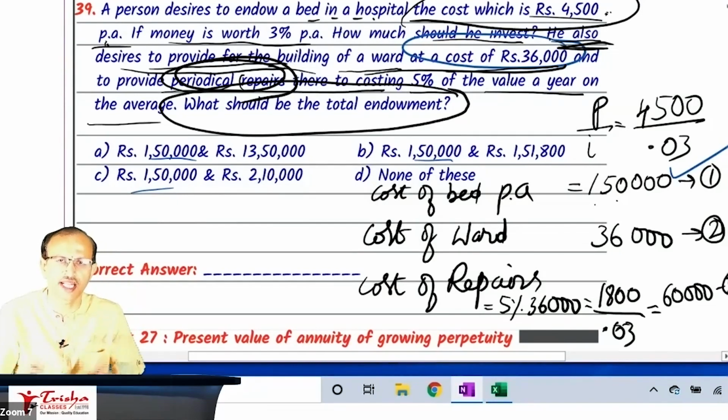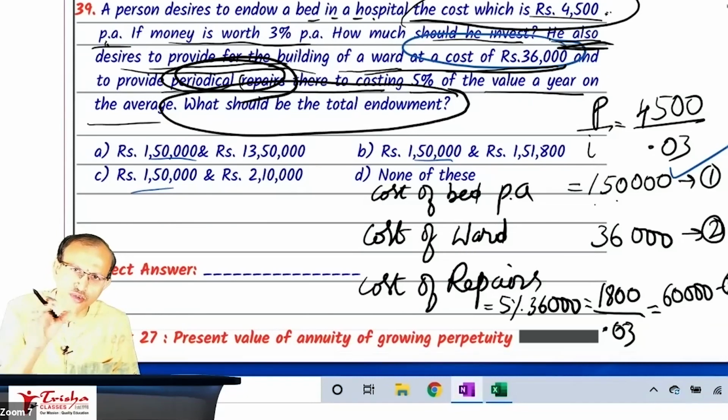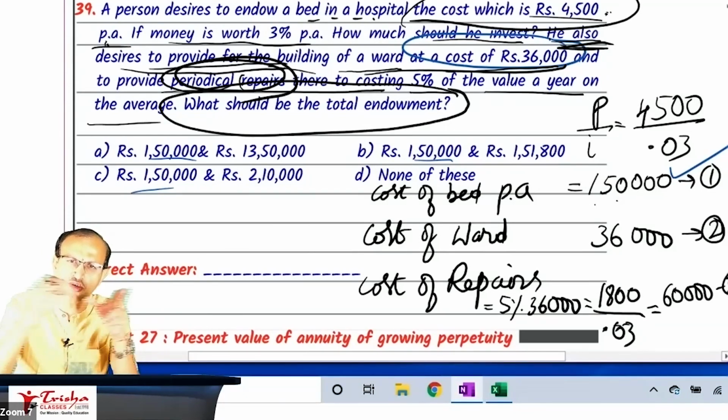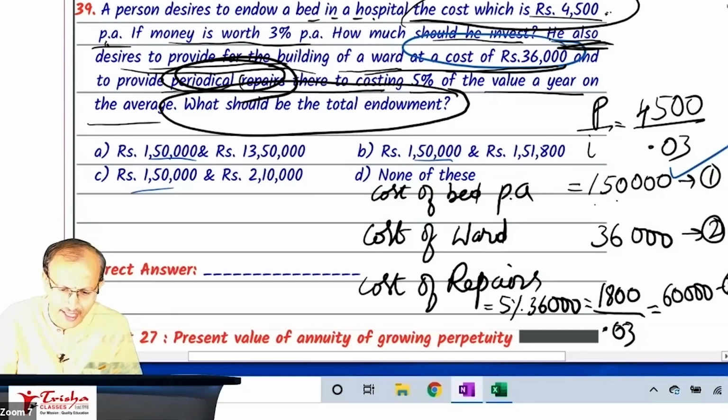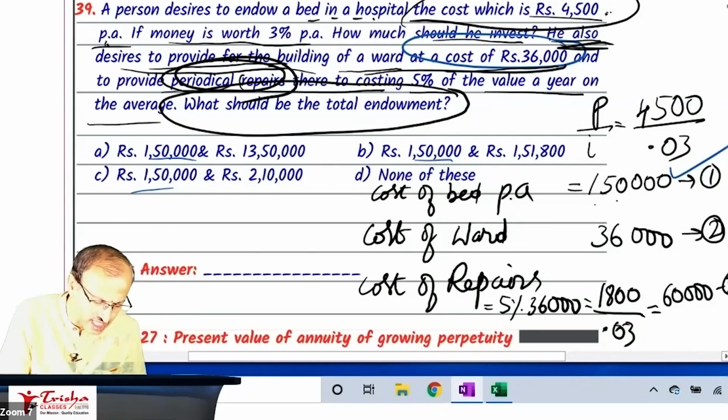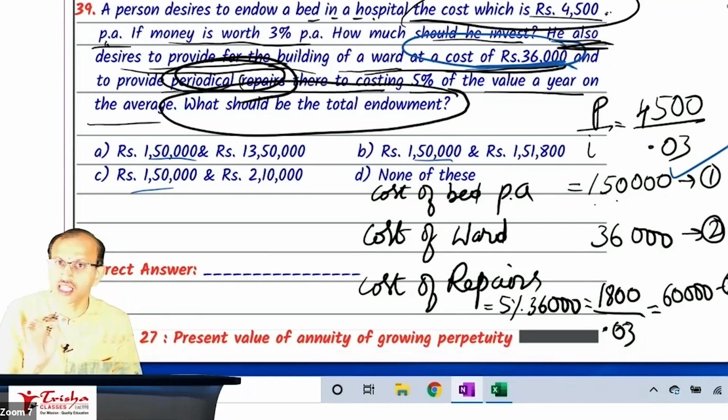It means there is a building construction he is doing, and he wants to contribute to that particular ward. Could be cancer patient ward, or male ward, female ward, labor ward, etc. One room particularly you want to provide. How much is the amount? It's clearly given. It is a cost of rupees 36,000. Not every year, only once you construct it.